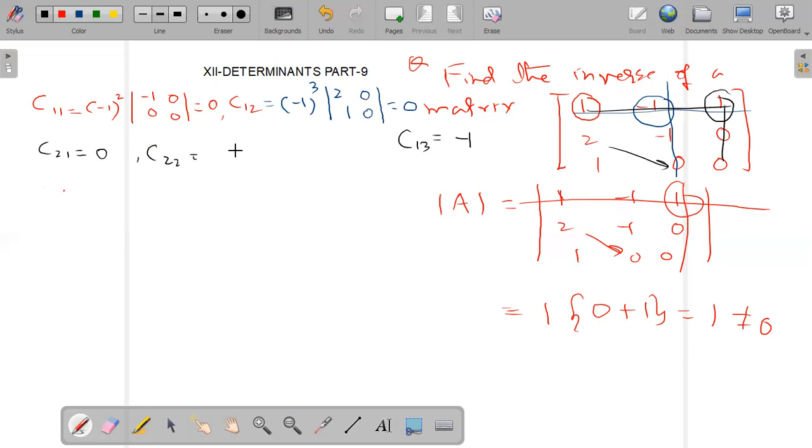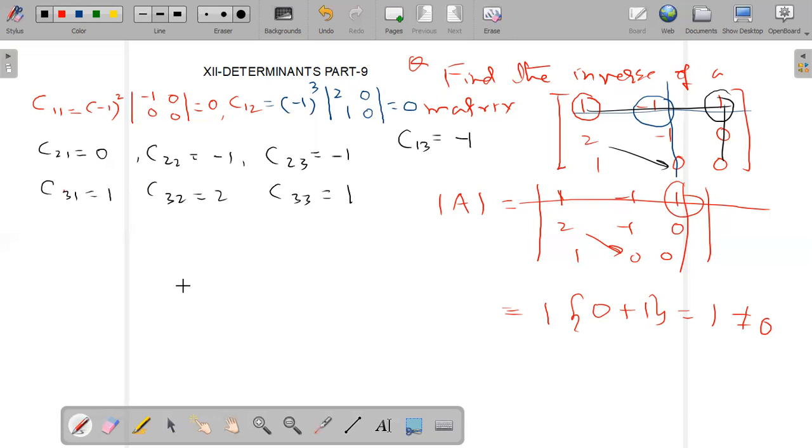C22, you will get minus 1. C23, again minus 1 will come. C31, 1. C32, 2. C33, 1. Okay.